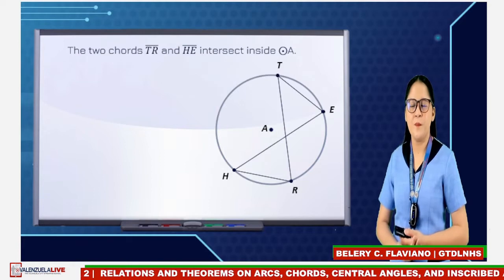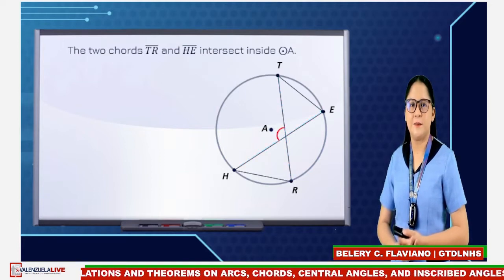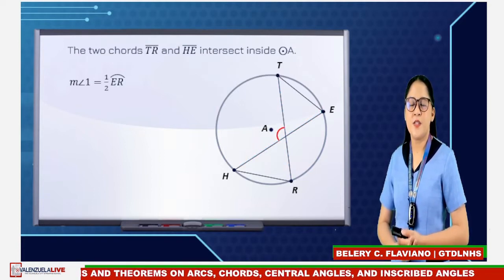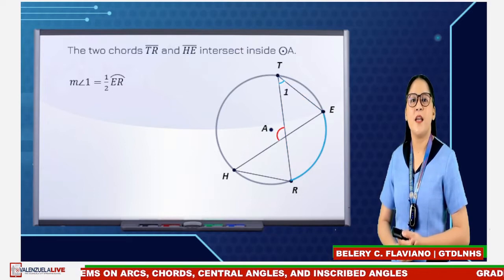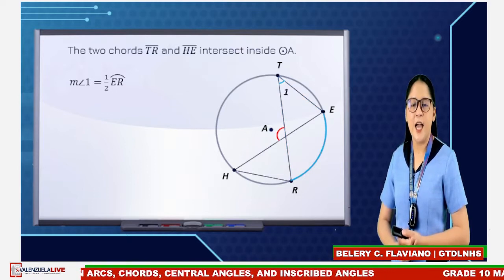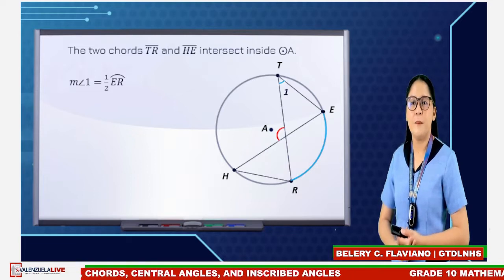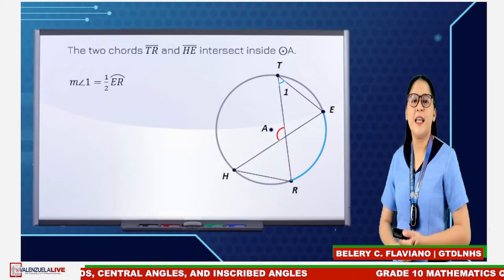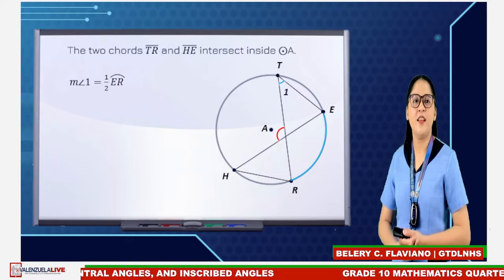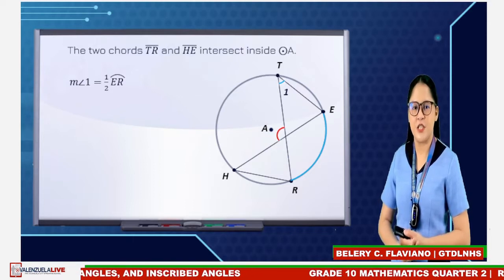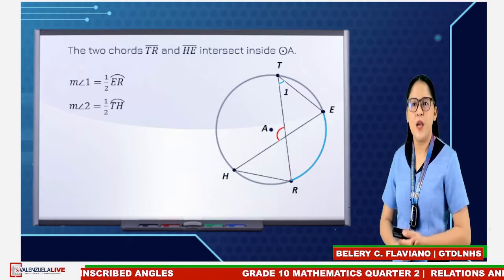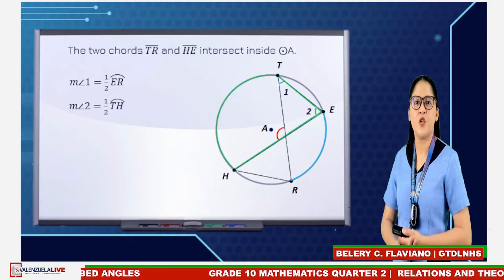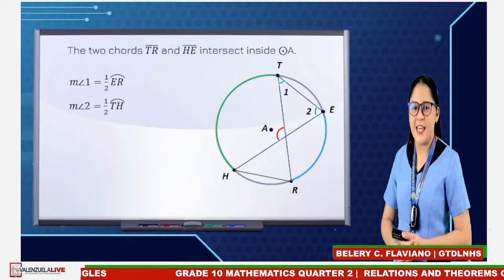Okay, let's draw angle 1. So, the measure of angle 1, that is RTE, is equal to 1/2 the measure of arc ER, based on the inscribed angle definition. As well, the measure of angle 2 is equal to 1/2 the measure of arc TH.